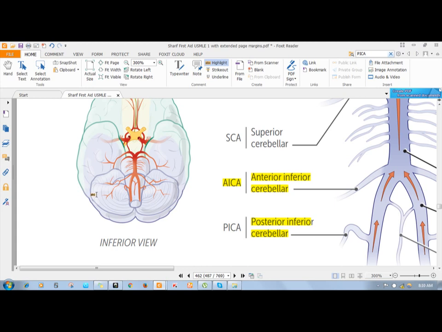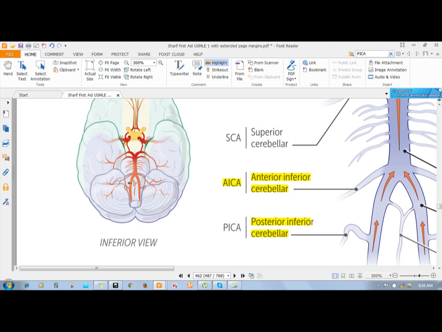So this is the basic idea of the blood supply of the brainstem. If you ever have damage to these cerebellar arteries, you are going to have ataxia and some cerebellar symptoms, but also, number one, some symptoms of cranial nerve nuclei, and number two, some symptoms involving a spinal tract. Those two are extra.